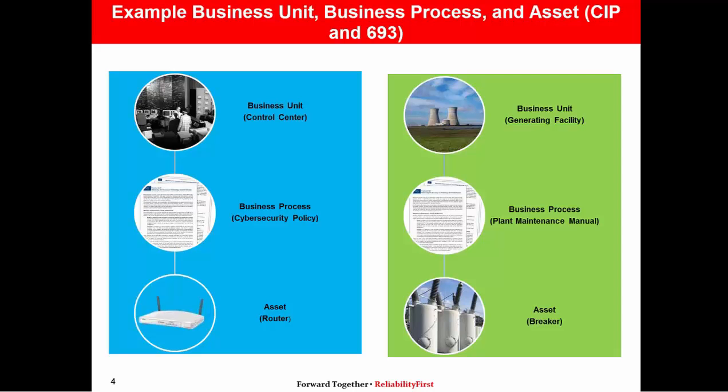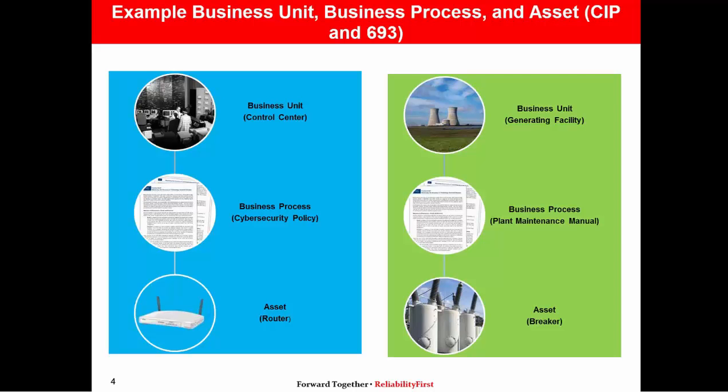In some organizations those policies may be organization-wide or company-wide, and maybe cookie-cutter or individualized per control center. But in this simplified solution, we're just looking at the control center policies and procedures and their assets.